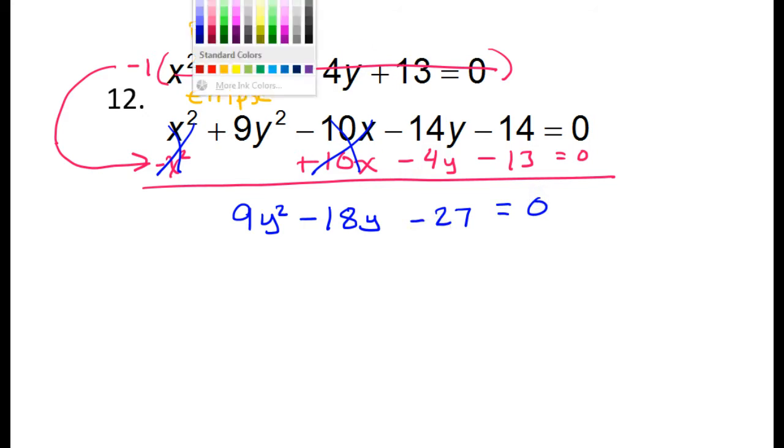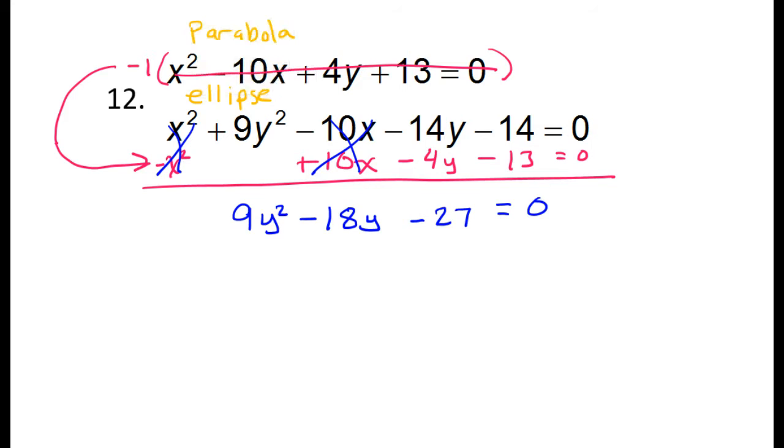Now, I can't help noticing that all three of these terms are divisible by 9. So we should definitely do that to make the numbers smaller and make life easier for ourselves.